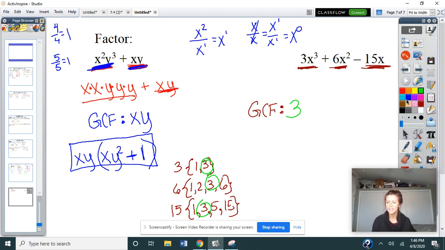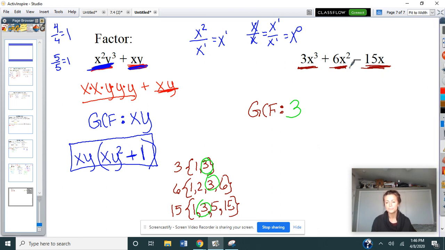And then, I don't know if you noticed, but they all have an x. He has 3 x's, 1, 2, 3 being multiplied. X to the third means x times x times x. He has 2 x's being multiplied, x times x, and he just has 1. So you have to take out what they all have in common.